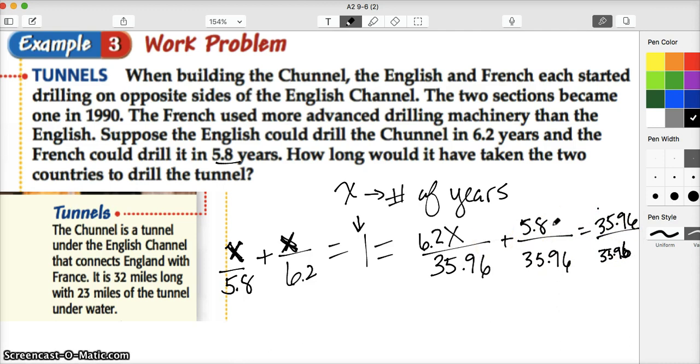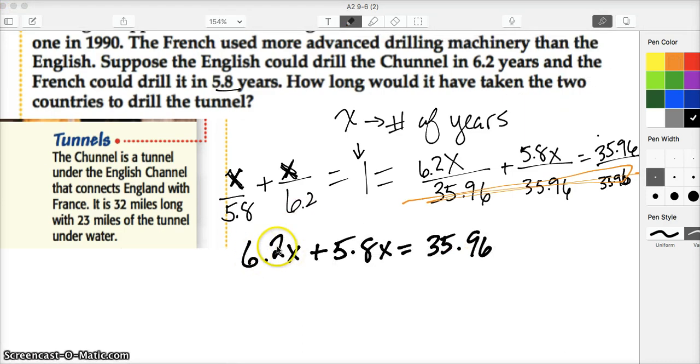Now we can ignore the denominator because there's no x value down there. Here's our new equation: 6.2x plus 5.8x is equal to 35.96. Adding these together, we end up with 12x is equal to 35.96.